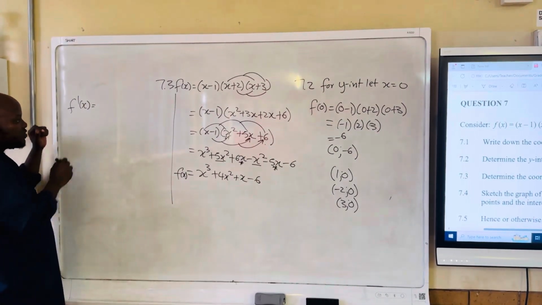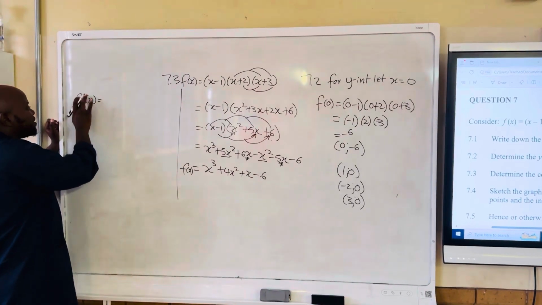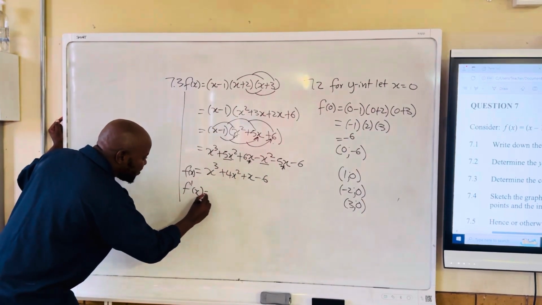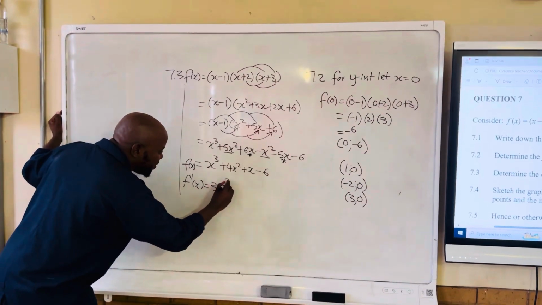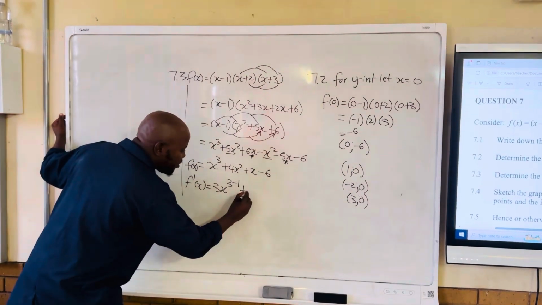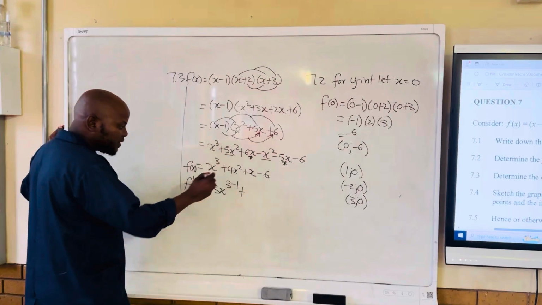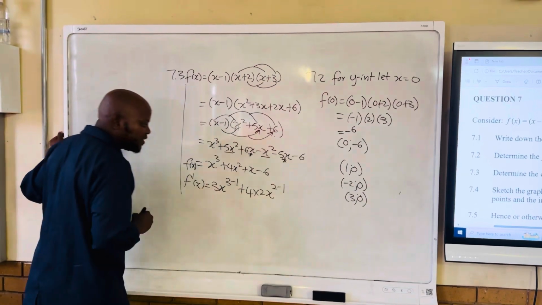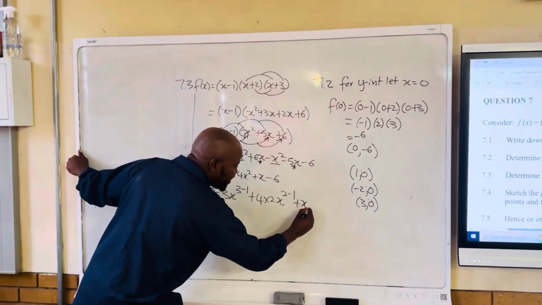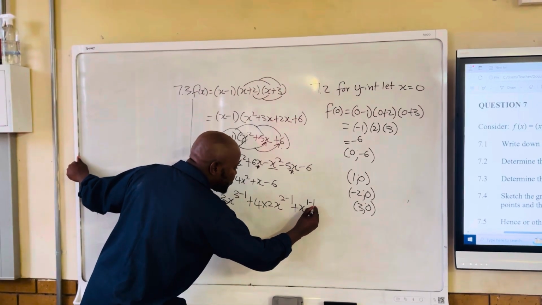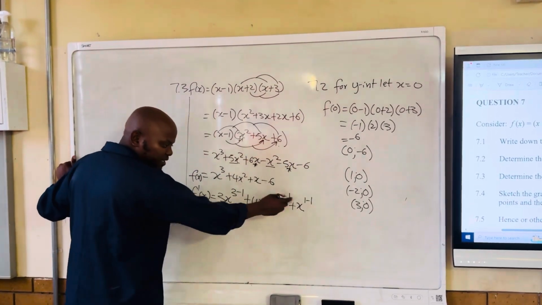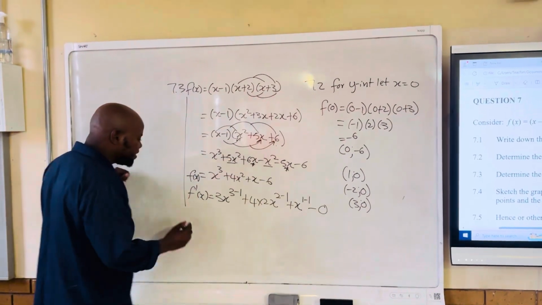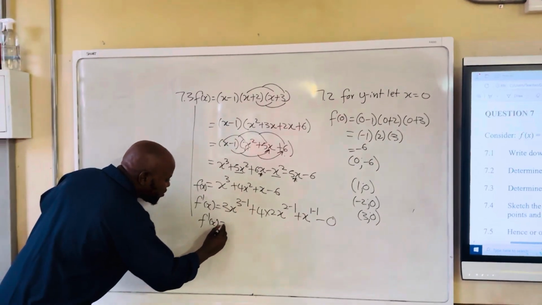The first derivative will be equal to 3x raised to the power of 3 minus 1, plus, we drop the power and reduce the power by 1, plus 4 multiplied by 2x raised to the power of 2 minus 1, plus x raised to the power of 1 minus 1, which is when you drop the 1 into the same x, minus 0, because the first derivative of a constant is 0.